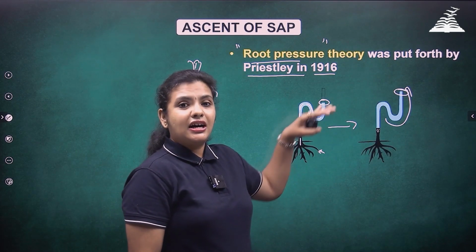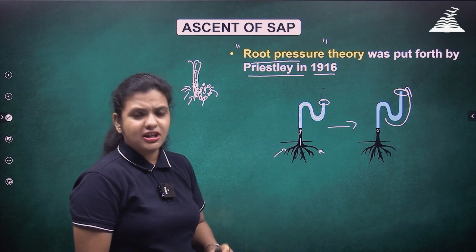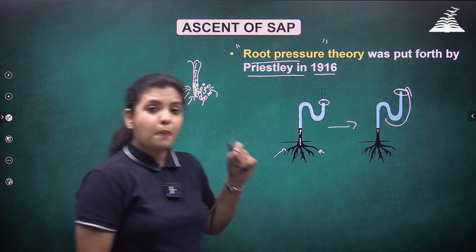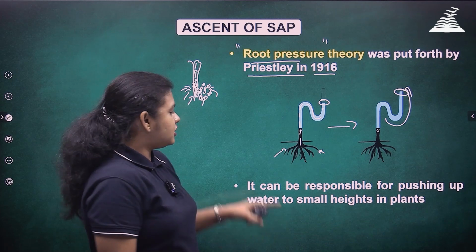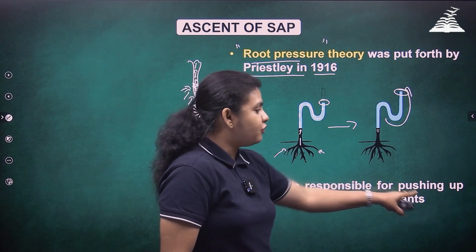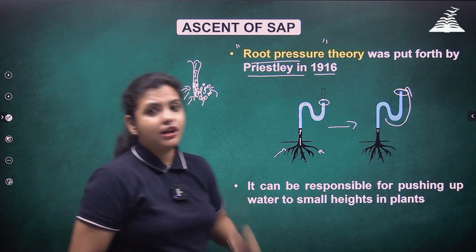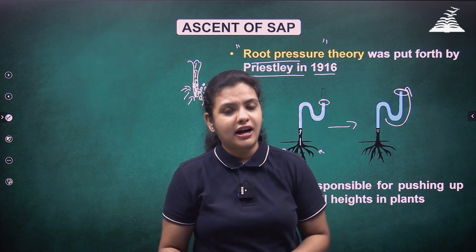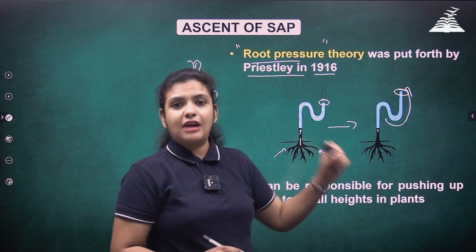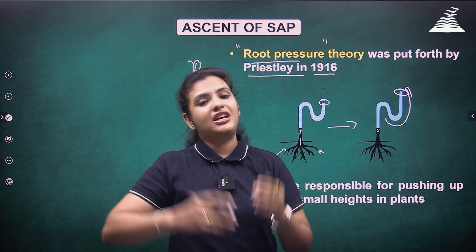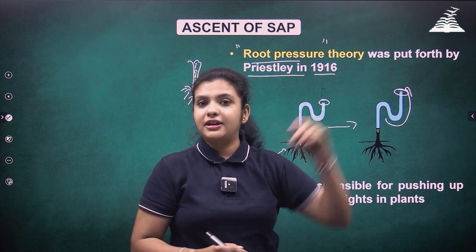That means the amount of pressure that is being applied on these roots is sufficient to push water to a shorter distance, right? It can be responsible for pushing up water to small heights in a plant. And if you consider monocots like grasses, they are as such very short. So this ascent of sap or root pressure itself is sufficient to push water to the complete grass.